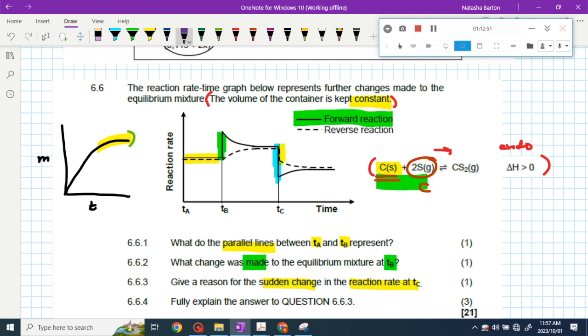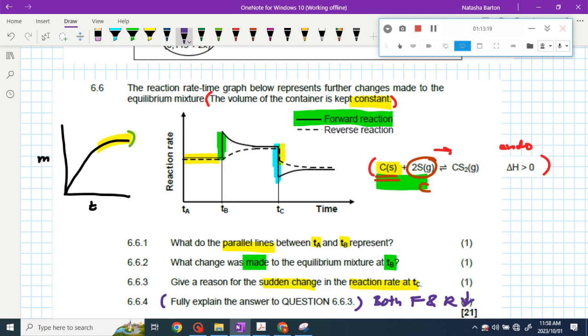Over here, the first thing you must state, at this part, when you're giving the explanation, is that you are observing that both the forward and the reverse reaction rates decrease. Okay, I know I'm skipping to the next question, but you must state what you are seeing, please, because you're going to get a mark for that. Now, we've identified that both reaction rates are going to decrease.